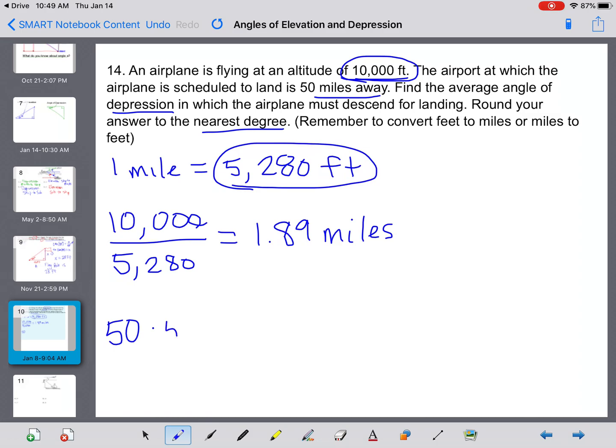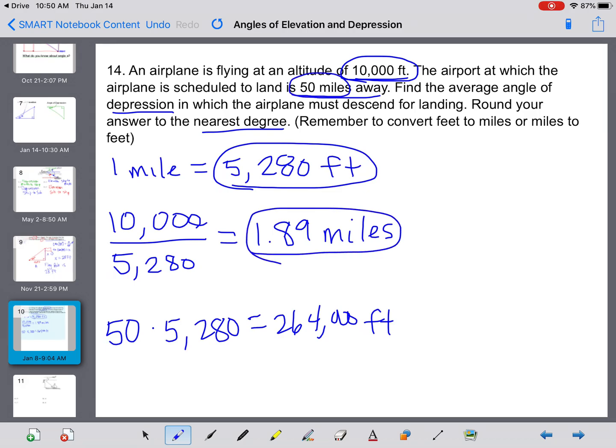So if we had 50 of them, we would multiply by 5,280. So 50 times 5,280 would give us 264,000 feet. Now I like dealing with the smaller numbers, so I'm going to use 50 miles and 1.89 miles in my diagram.